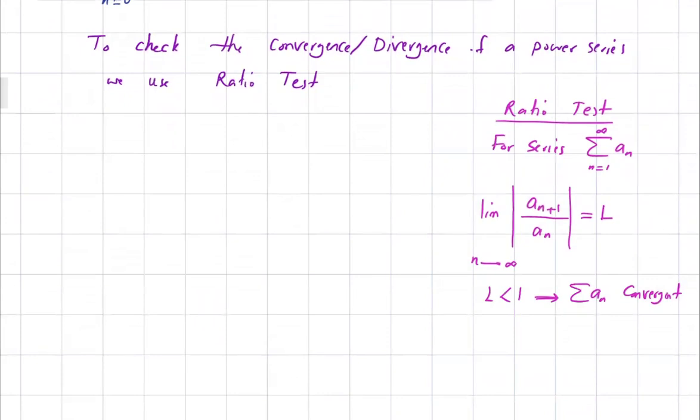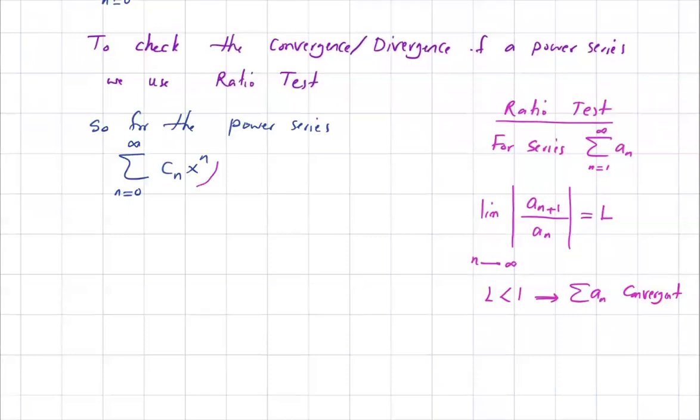So here you have your power series, for example, the summation of c sub n x to the power n, starting from 0 to infinity. The general term is nothing but c sub n x to the power n. So a sub n is c sub n x to the power n, and a sub n plus 1 is c sub n plus 1 x to the power n plus 1. So what's happening here?